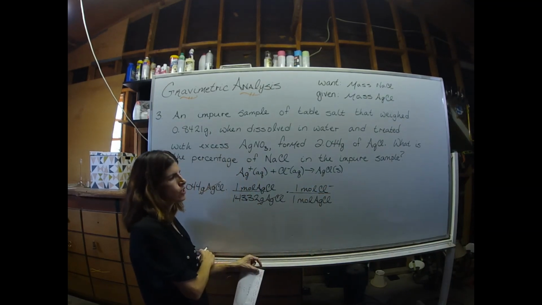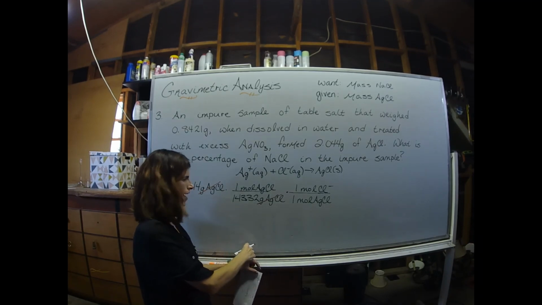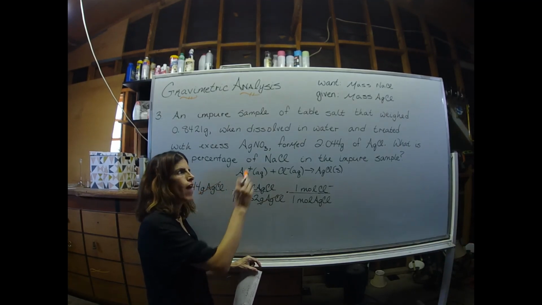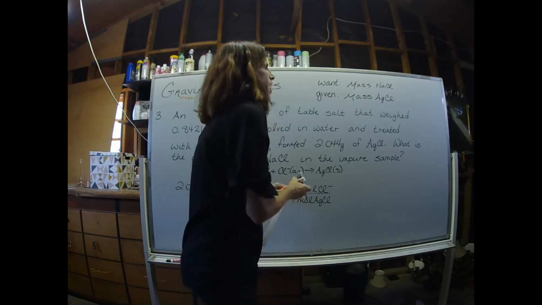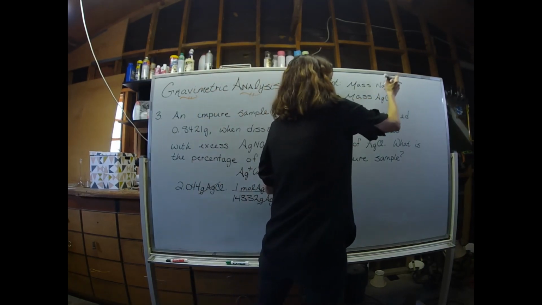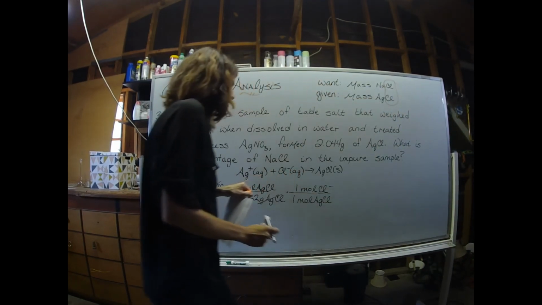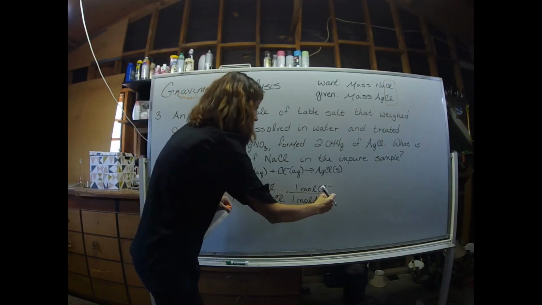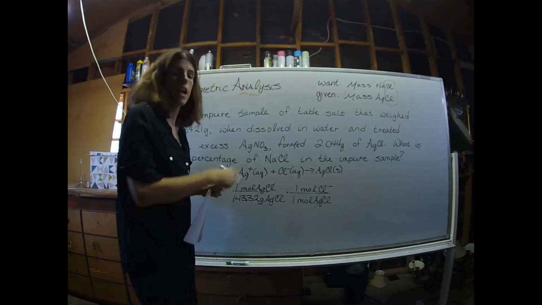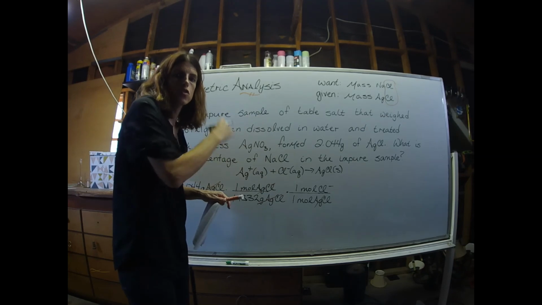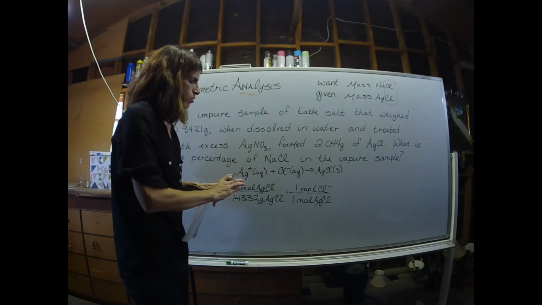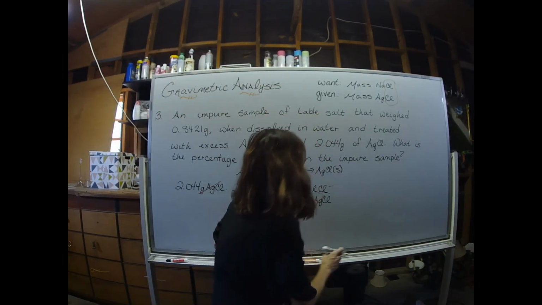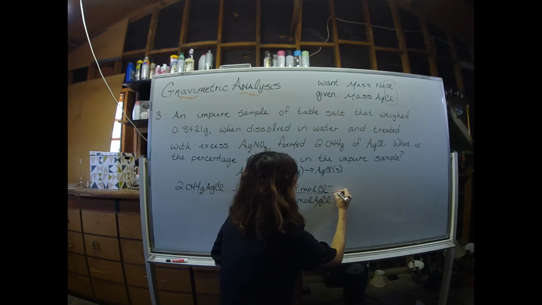And I specifically chose to focus on the chloride because that's the ion that both of these things have in common, right? So now I can get rid of the moles of chloride and turn it into the moles of sodium chloride. There's a whole bunch of 1s here.